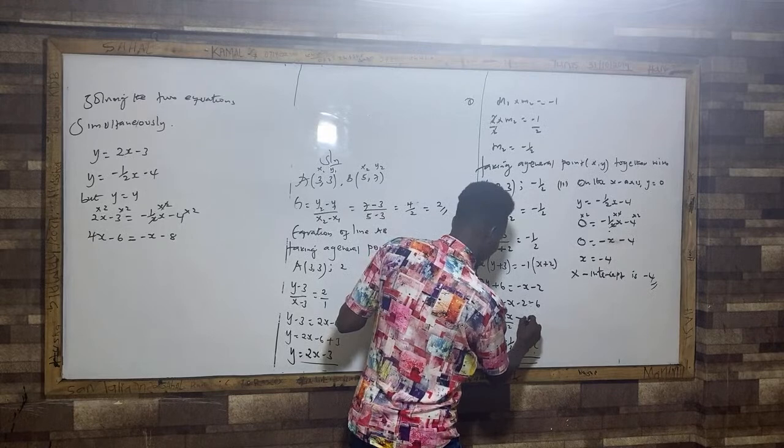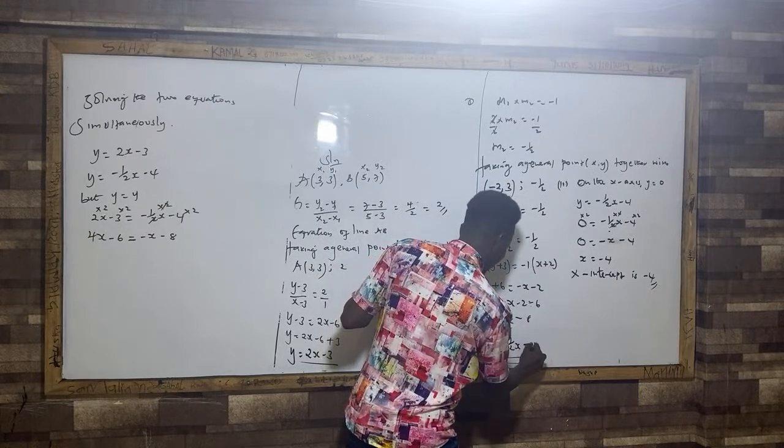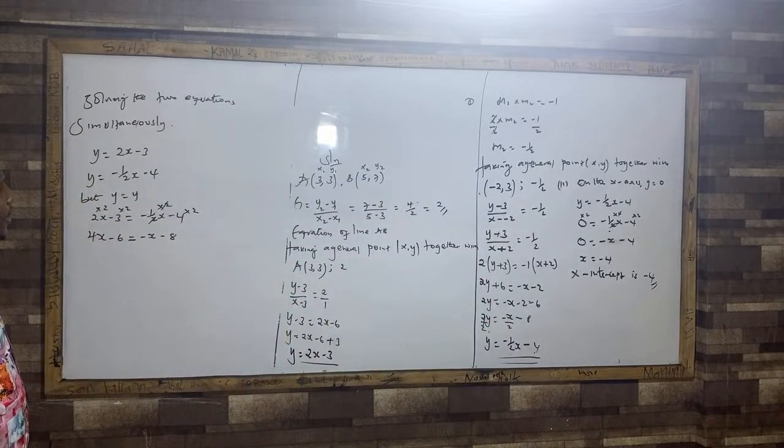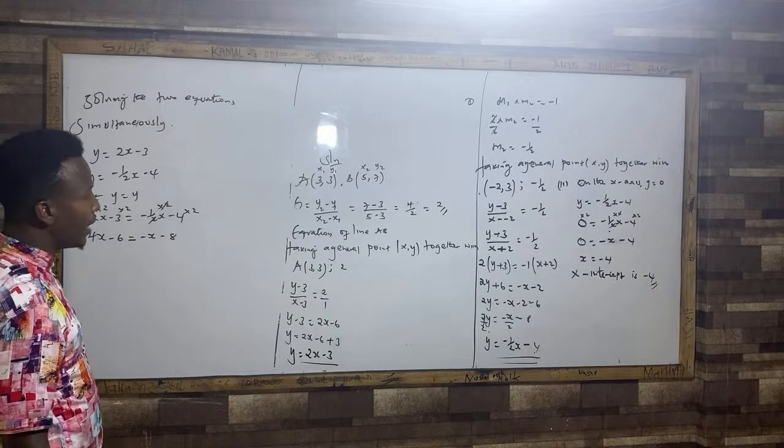Okay, let's go. This is negative 8, so dividing it will be negative 4. I can then write my 2y minus 6 is equal to minus x minus 2.